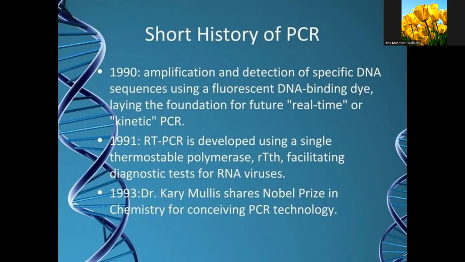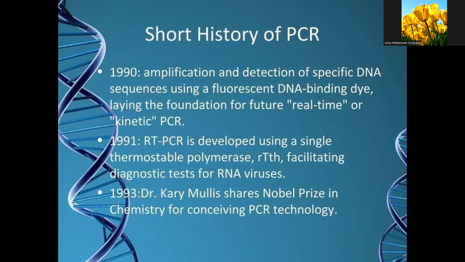Generally, PCR is categorized into different types: real-time PCR, RT-PCR, kinetic PCR, like this. In real-time or kinetic PCR, we are using the fluorescent DNA binding dye. So that happened in the year 1990, used for the amplification and detection of specific DNA sequences.